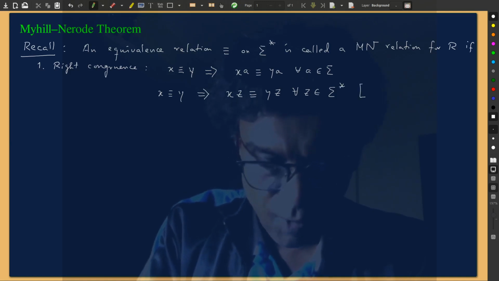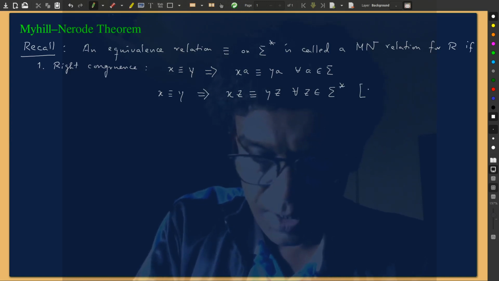This will follow from the original property of right congruence by induction on the length of z.